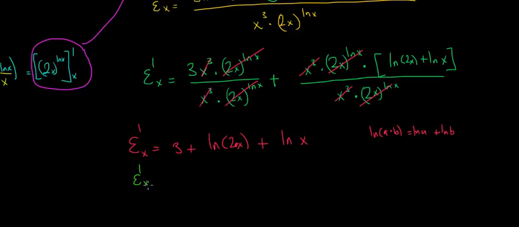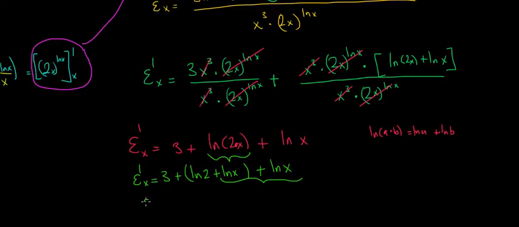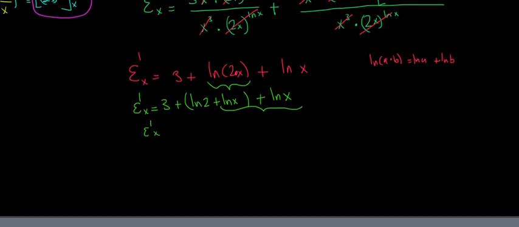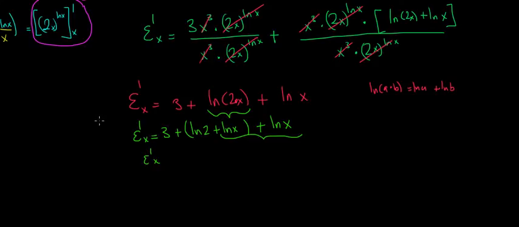So the partial elasticity is equal to 3 plus ln of 2 plus ln of x, and this is this term over there, plus ln of x. And we did so because now we can group the ln of x together. I think that's just gonna look better. Partial elasticity with respect to x is equal to 3 plus ln of 2 plus 2 times ln of x. And that's it. That's as much as we can do.